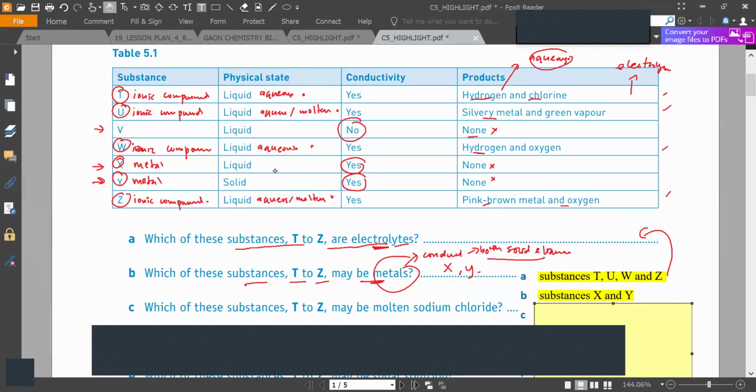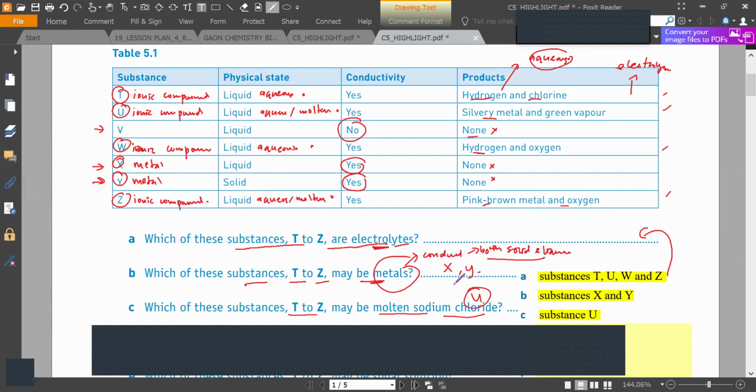Which of these substances may be molten sodium chloride? Molten sodium chloride. Our answer will be U. Why? Our answer is U because it produces a metal.